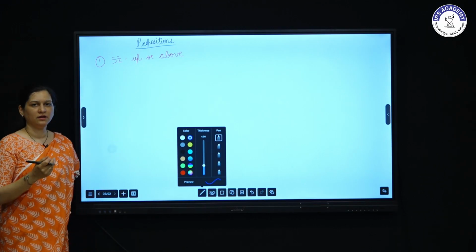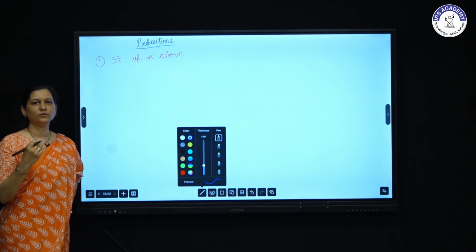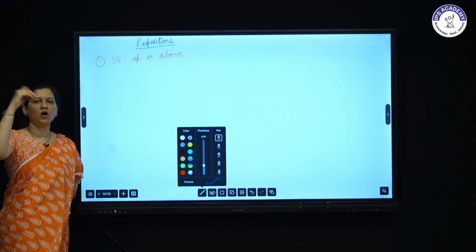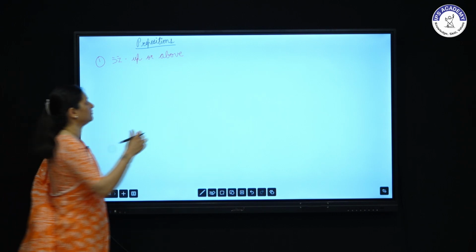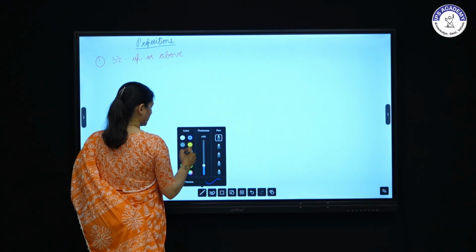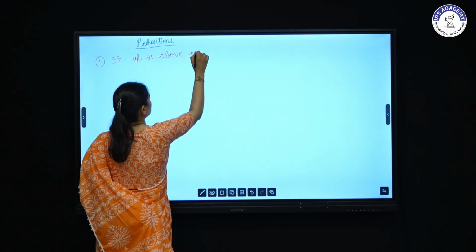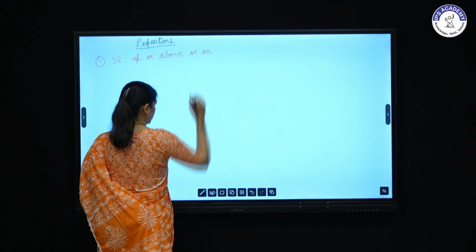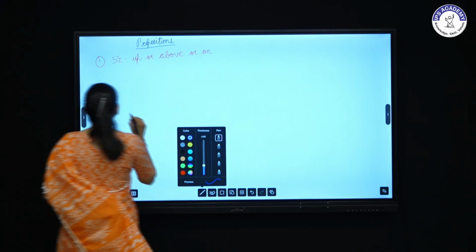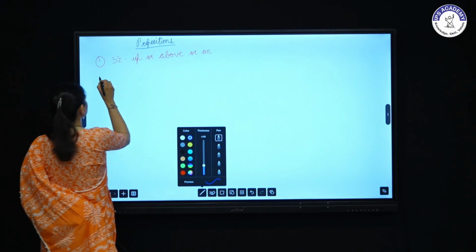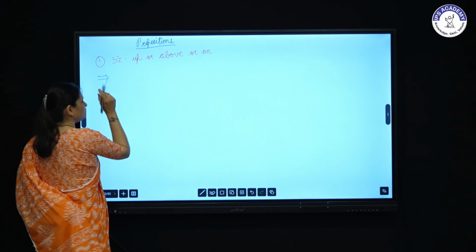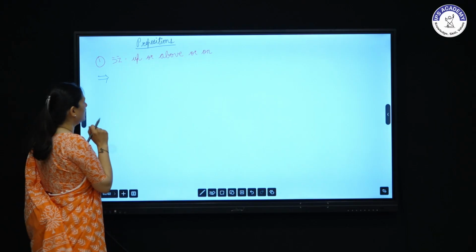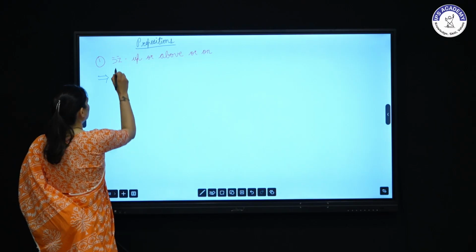I hope you are clear with the differences between above, on, up. Okay? Fine. Let's take an example. We'll take 2 examples for each preposition. I hope that's fine. Okay.